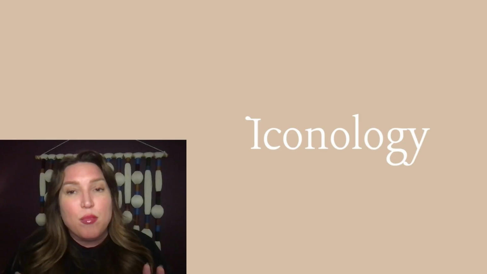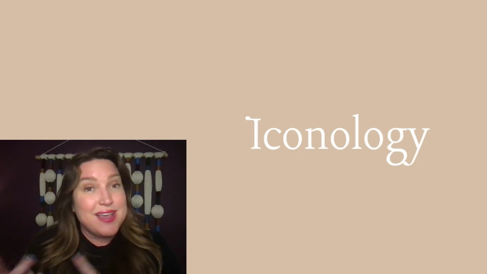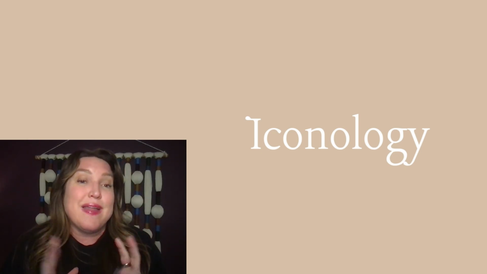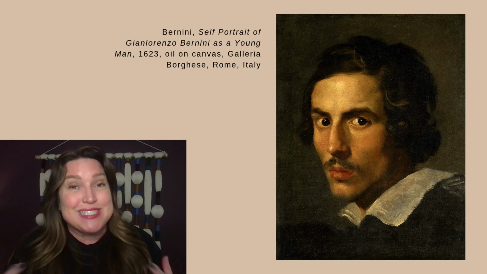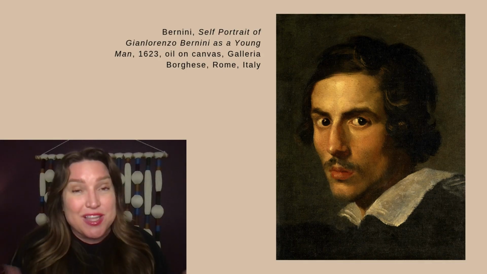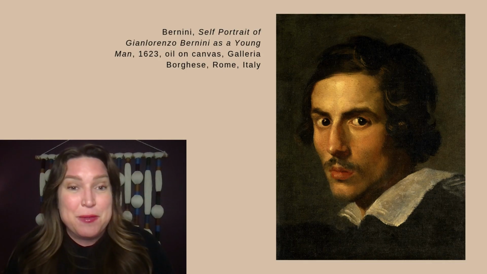So in our example, the sculpture reveals the 17th century fascination with ancient Greek culture, literature, and art. It's showing off that Bernini, the artist, is familiar with ancient Greek mythology, and he's representing this story.